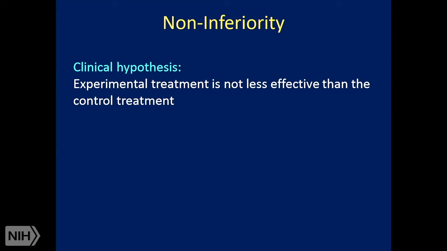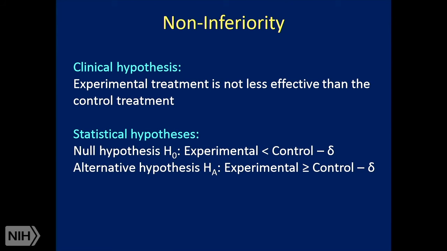So what about non-inferiority? The clinical hypothesis is that the experimental treatment is not less effective than the control treatment. It's not less effective. Okay? It's not worse. It's about as good as. In technical terms, the statistical hypotheses are that the experimental is less than the control minus a delta. In other words, you say, I can go lower than the control, but up to a delta.